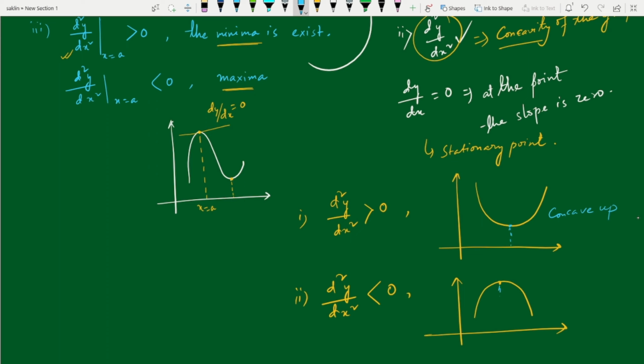So this will be minima and that will be maxima here. Okay, this is the reason we do the first derivative of the function and the second derivative of the function.